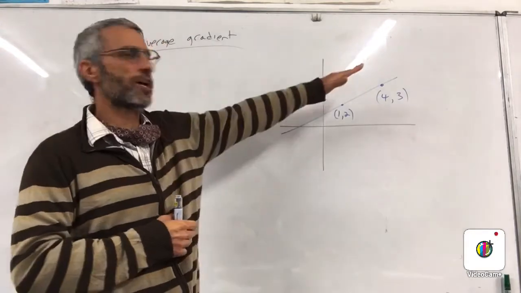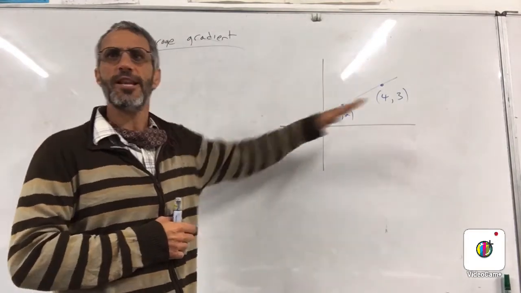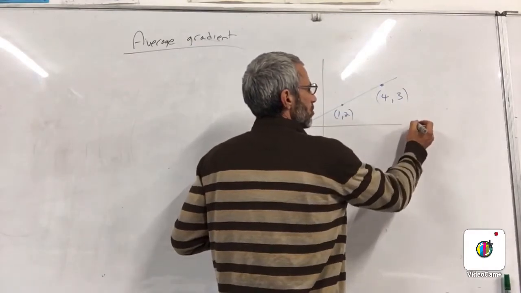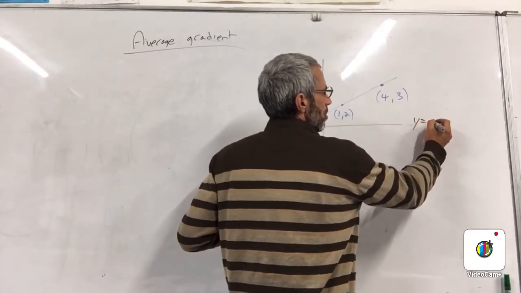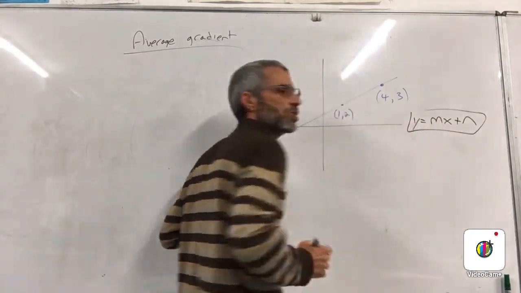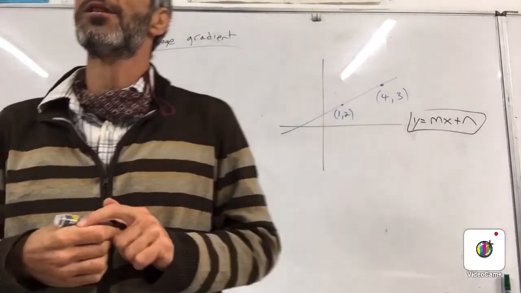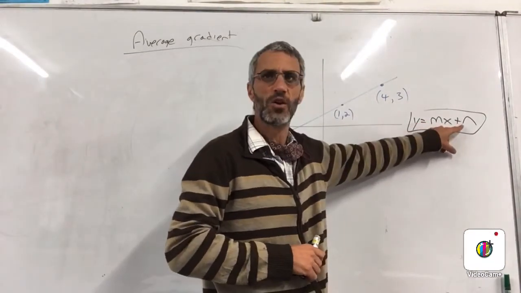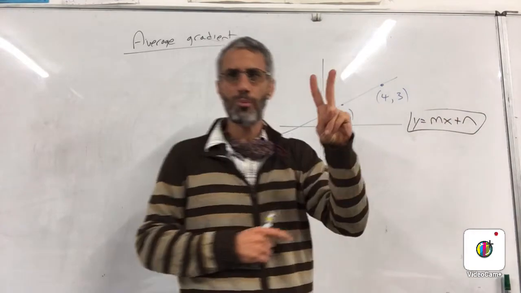What kind of function is this? It's a linear graph. Normally we write y equals mx plus n. Maybe your teachers used ax plus b or ax plus q, whatever, but it's always something times x plus something. There are two parameters.